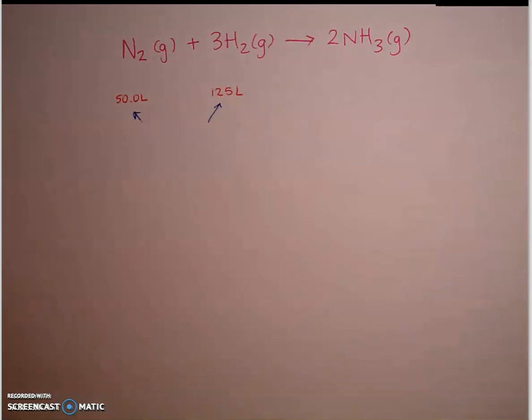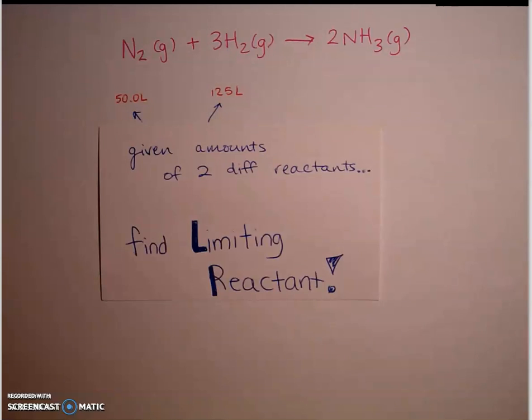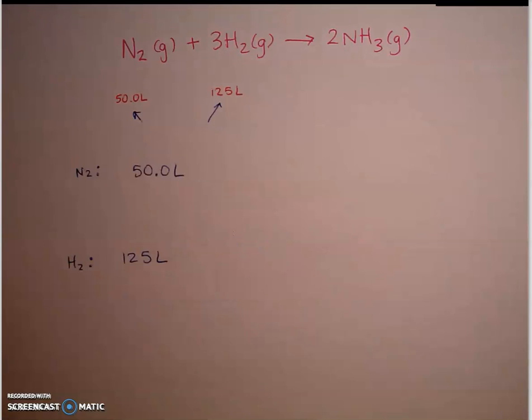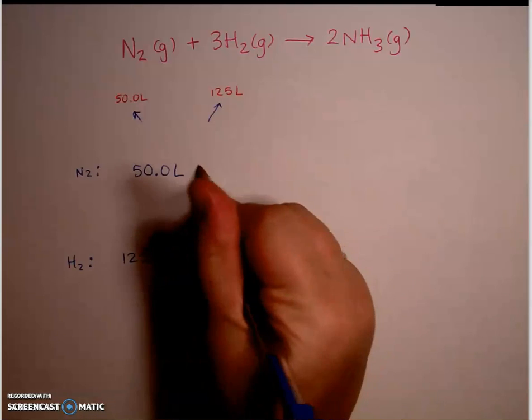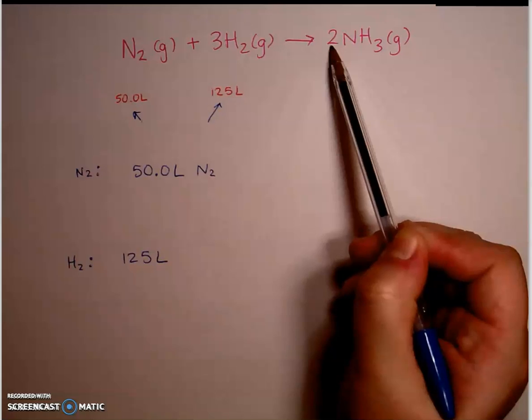When you're given the amount of 2 reactants, what does it mean you have to do? Find the limiting reactant. So basically we have to do 2 setups, one with nitrogen, one with hydrogen, and see which one will give us the lowest amount of ammonia produced.